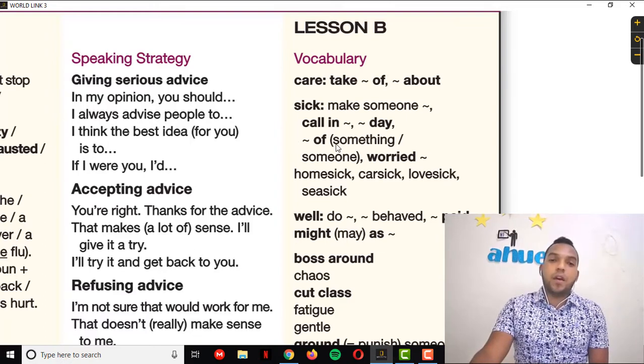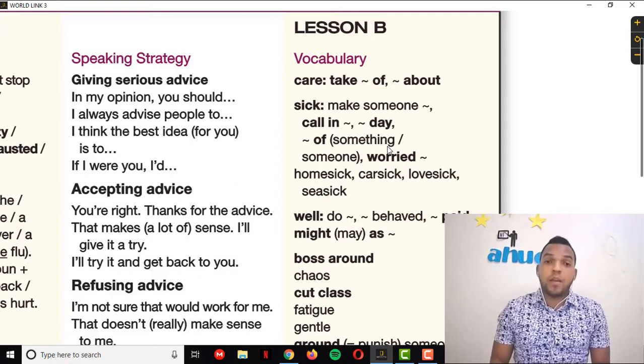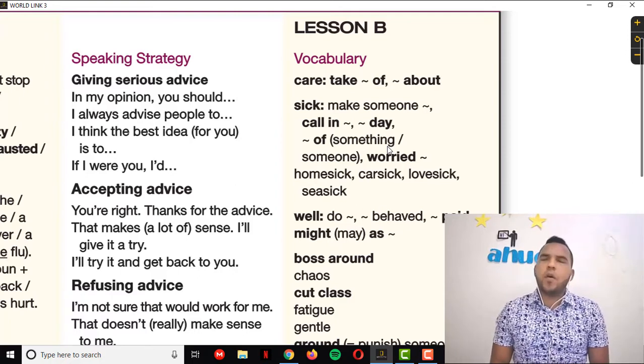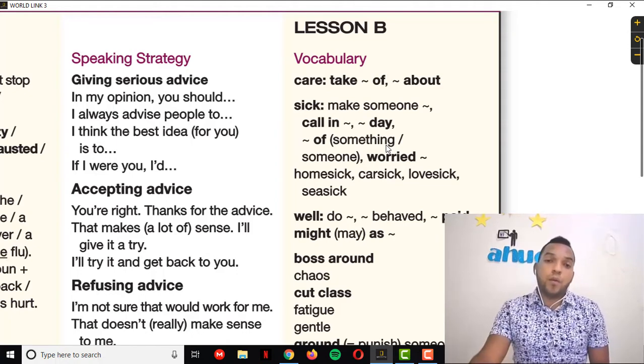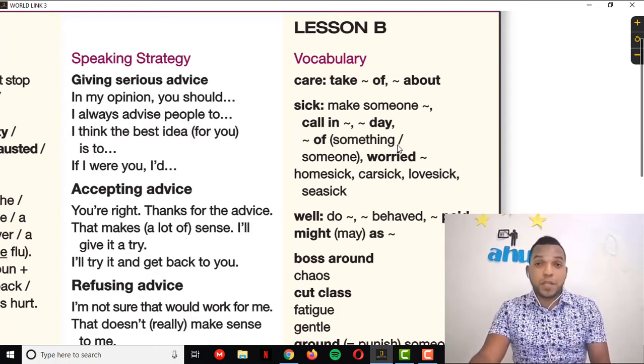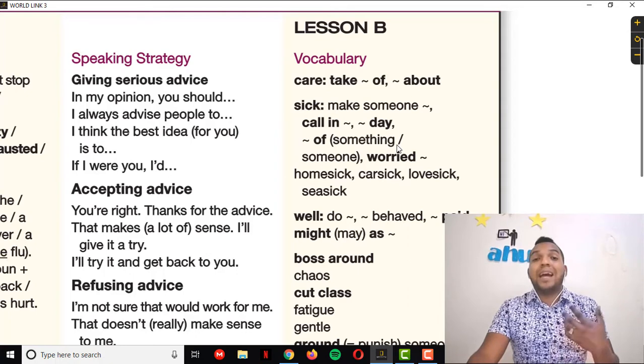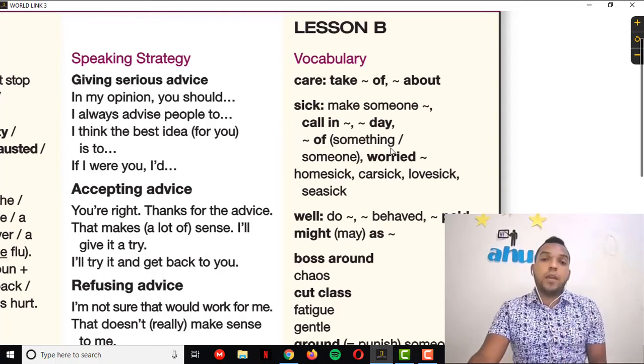Another thing is sick of something. So you can also be sick of an action, an activity. For example, oh my goodness, I'm sick of doing the same thing all the time. I need to do something different. Okay, when we talk about something, it is about an object or an action or activity.